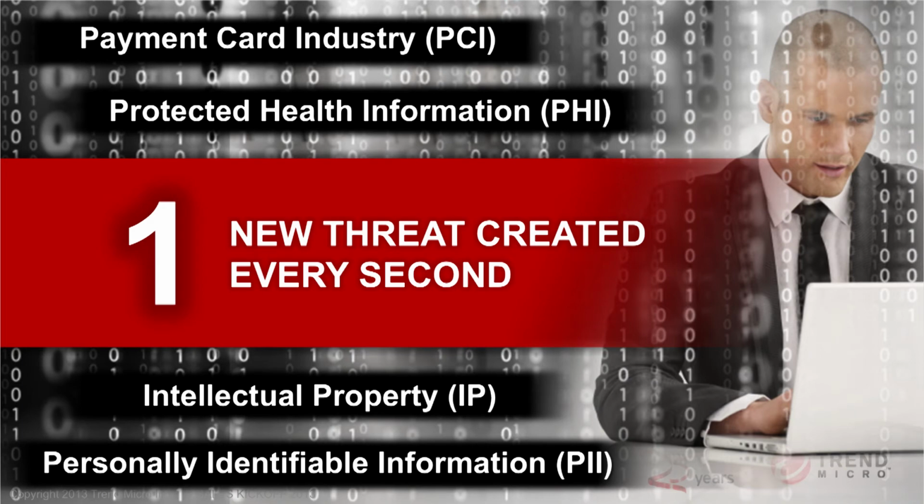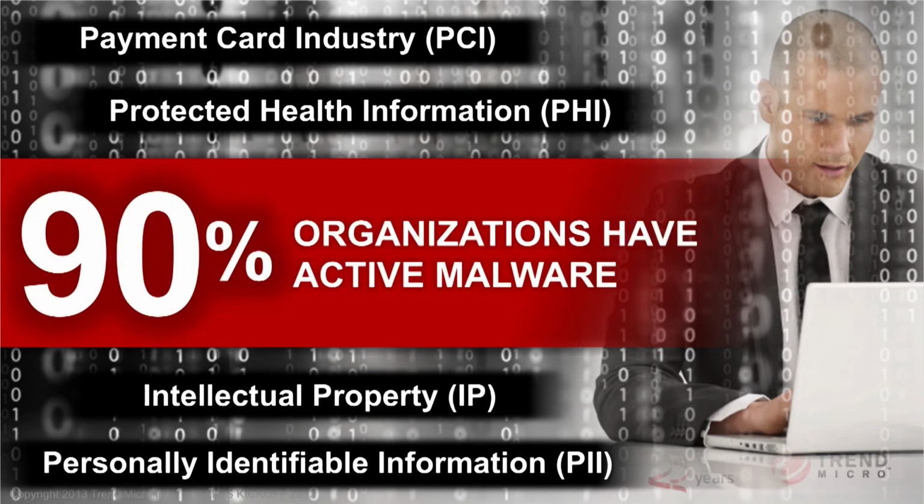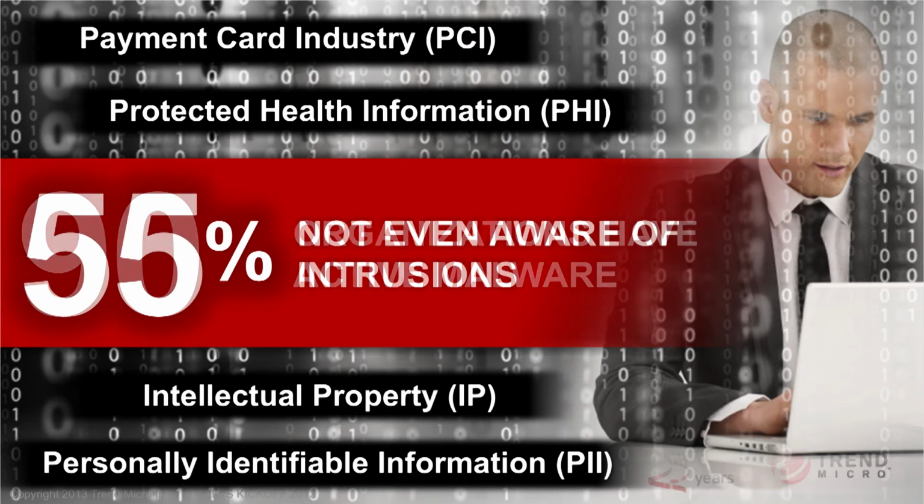And it's become an underground economy. Commercial exploit kits are used by virtually all cyber criminals. Cyber criminals can go online and basically buy the kit, the tools they need to get into your network. So it's not a surprise that 90% of organizations have active malware in the network today. What is kind of surprising is that over half are not even aware of intrusions.